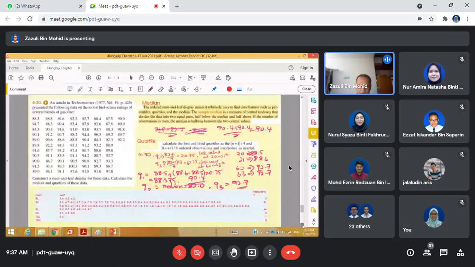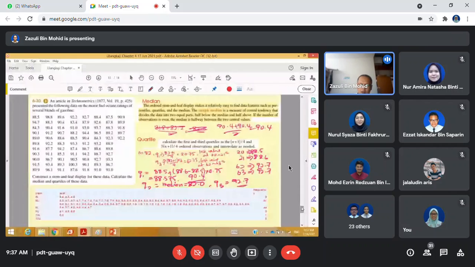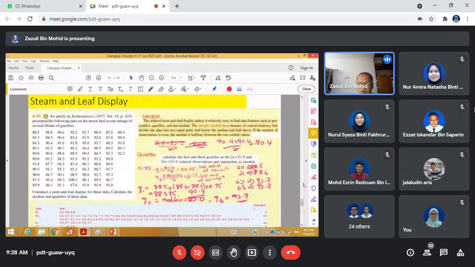You need to have a table like this, and you can distribute it to the upper and lower of each category. But the method of calculating the median and the quartile is quite the same as the previous subject that I already explained to you, which is the frequency distribution and the histogram.